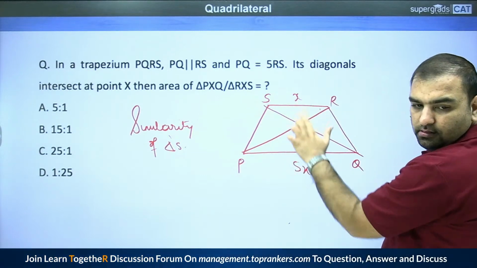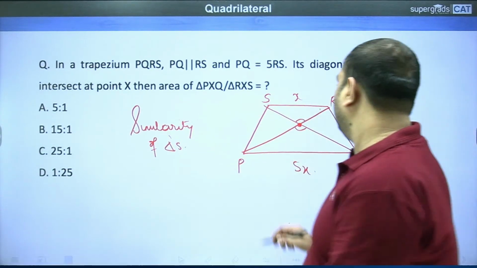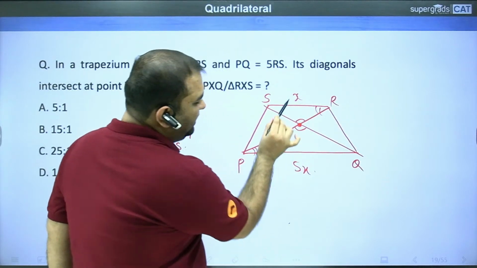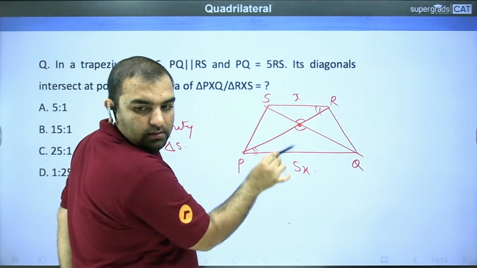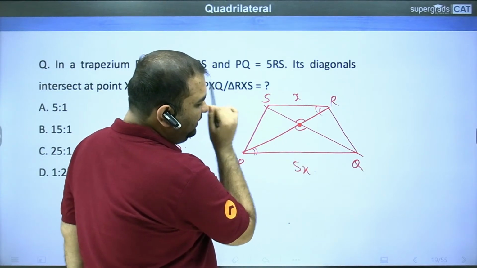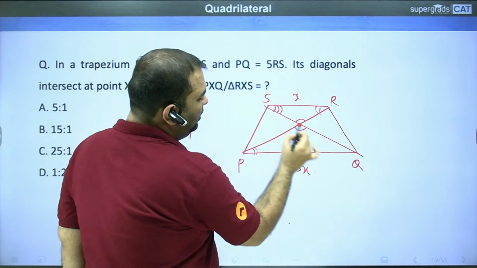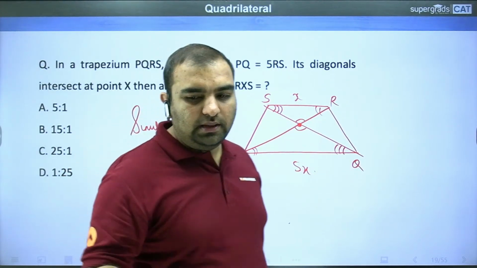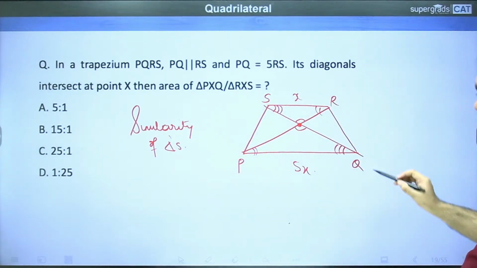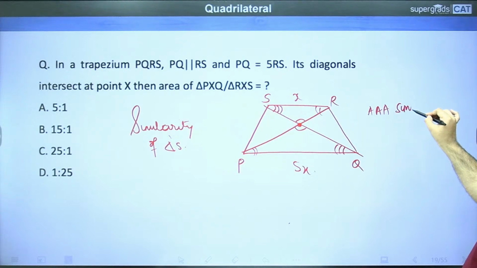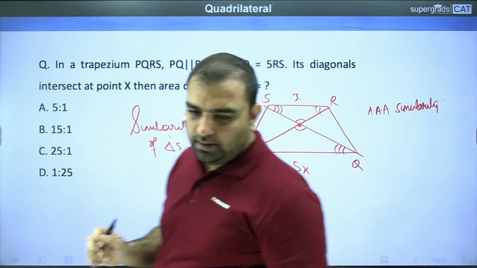Similarly, these two lines are parallel, a transversal in between, equal by the virtue of vertically opposite angles. All three angles are equal. So AAA similarity is there.